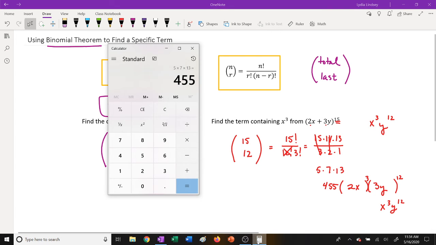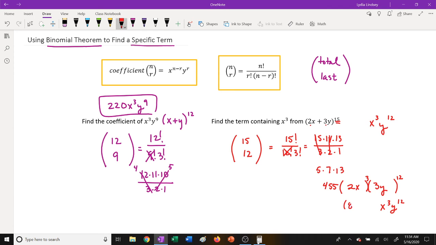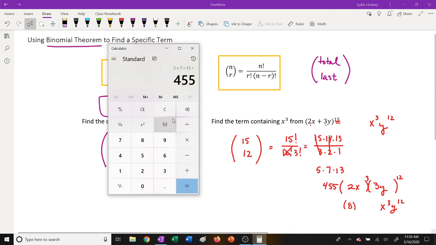Okay, so I've got my 455. 2 to the third power is going to be 8, and I have no idea what 3 to the 12th is, so we're going to go ahead and do that on our calculator. And when I do it on the calculator, make sure you count from the very beginning. So 1, 2, 3, 4, 5, 6, 7, 8, 9, 10, 11, 12.